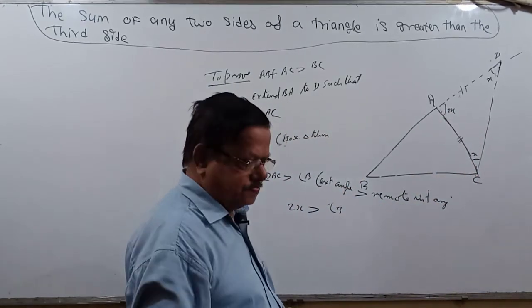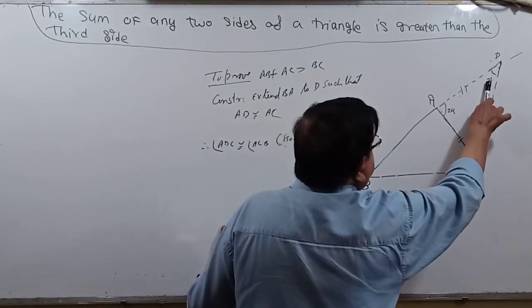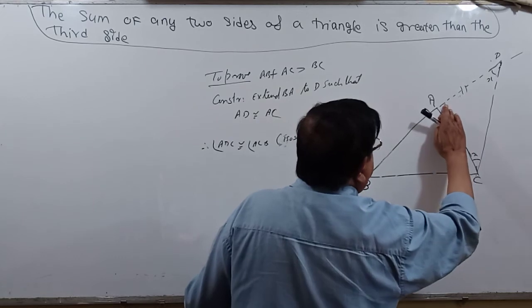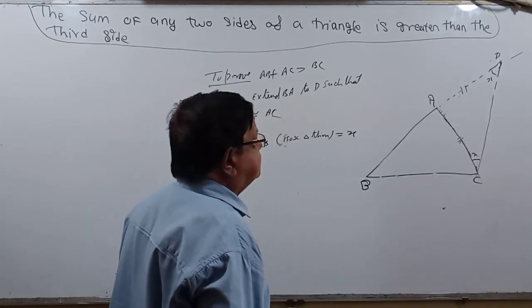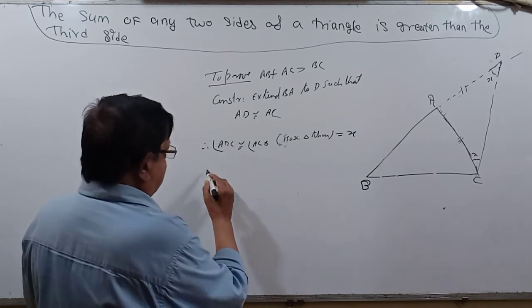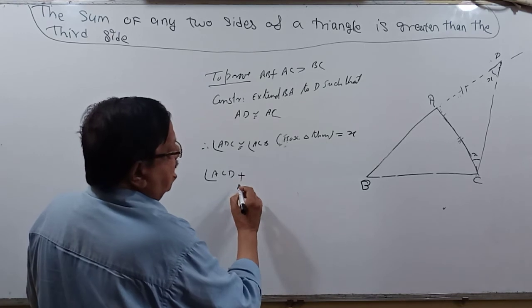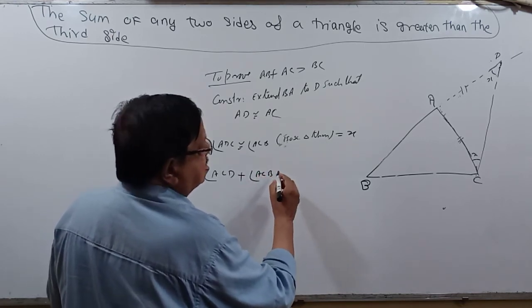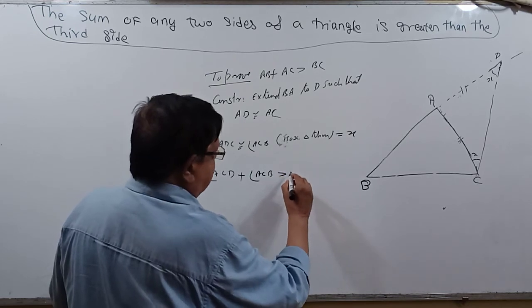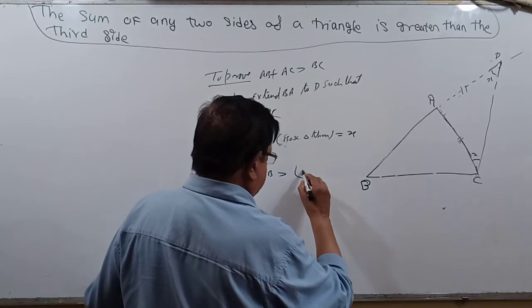This is equal to this because of the isosceles triangle theorem. Now we know that angle ACD plus ACB is greater than angle DCB.